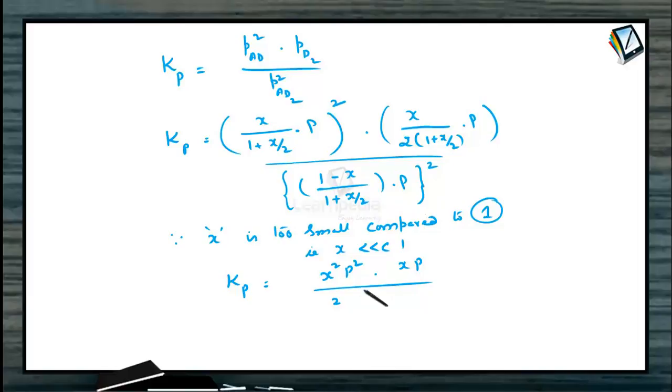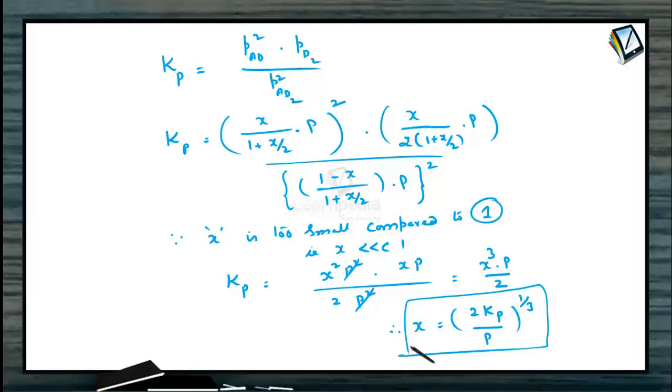So therefore simply P square. So this P square, this P square get cancelled. X square into X by 2 into P is equal to Kp, that is X cube P by 2 is equal to Kp. Therefore X is equal to what? 2 Kp by P under cube root, which can be written as 2 Kp by P whole to the power of 1 by 3.